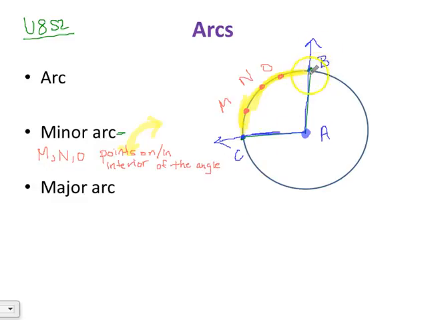Again, we've got angle BAC, and interior to that angle are points M, N, and O, which makes arc CB a minor arc. We would label this with a little arc symbol above it, and call it arc CB.